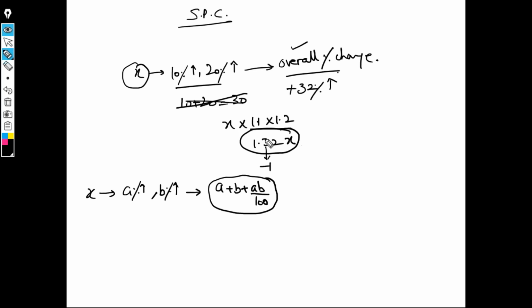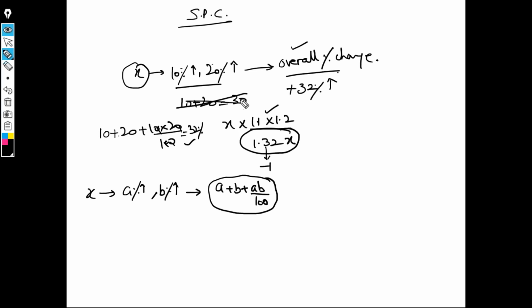It will ease your calculations in many cases, specifically in DI. So in this case, increase of 10 and 20 gives me an overall change of 10 plus 20 plus 10 into 20 by 100, which results in 30 plus 2, 32%. So it can be done like this, or like this also.